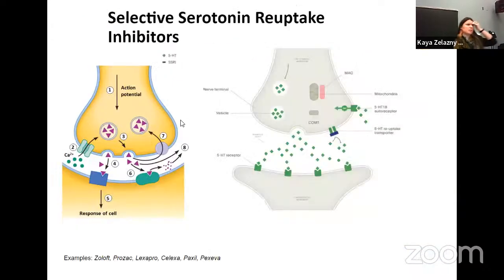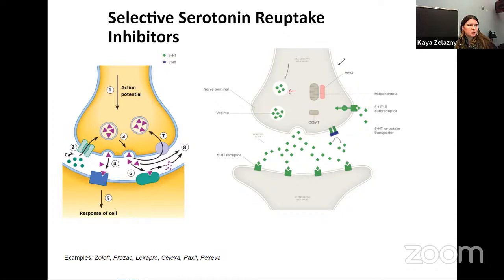Okay. So we're going to first talk about SSRIs, or selective serotonin reuptake inhibitors. These are super common. We have some examples at the bottom here. All right, so the way that these are affecting our synapse, right? In our presynaptic cell, we have our neurotransmitter stored.